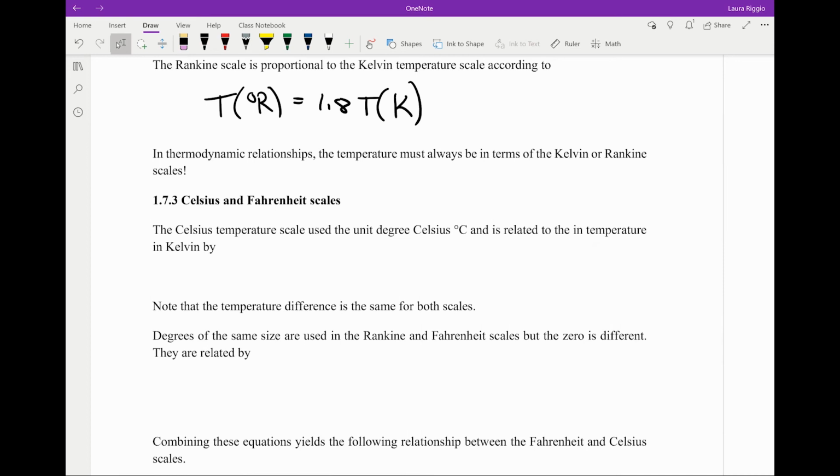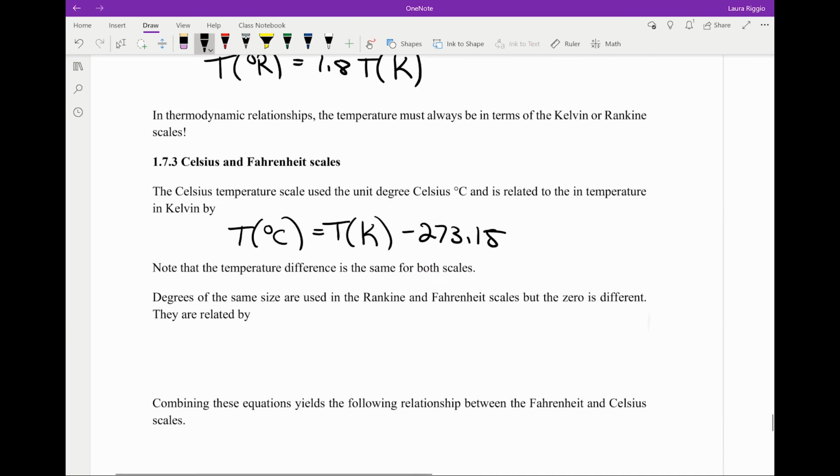So we also have the Celsius and Fahrenheit scales. The Celsius temperature scale uses units of degrees Celsius and is related to the temperature in Kelvin. So my temperature in degrees Celsius is my temperature in Kelvin minus 273.15, or just 273.